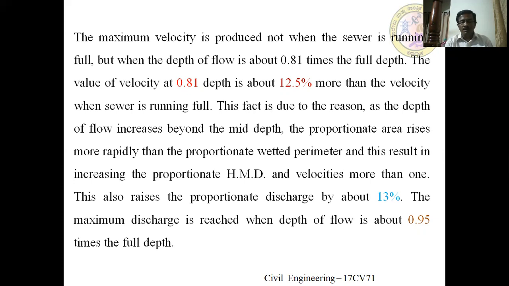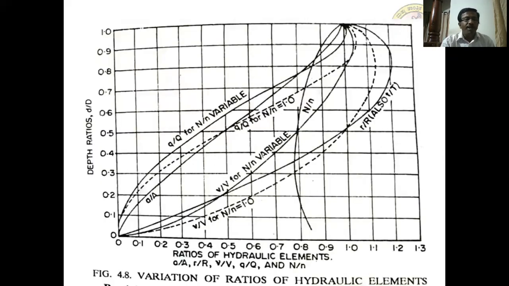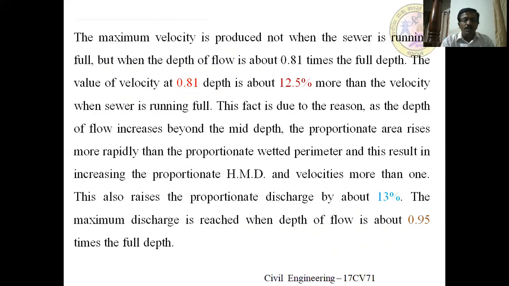Observe from the graph: at 0.8, the dotted line is crossing around 1.14, which means it is around 12.5% more than the running full condition.